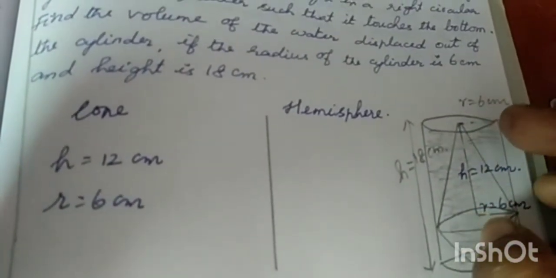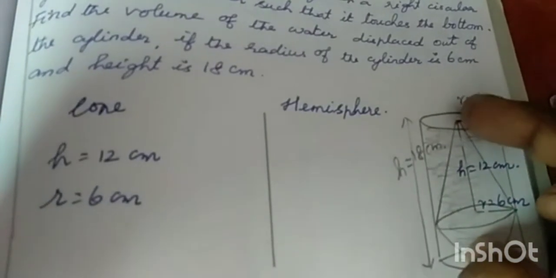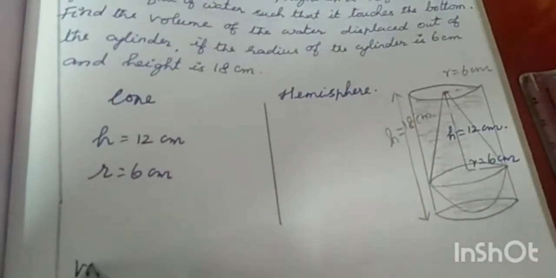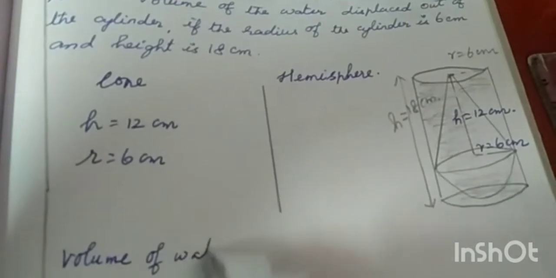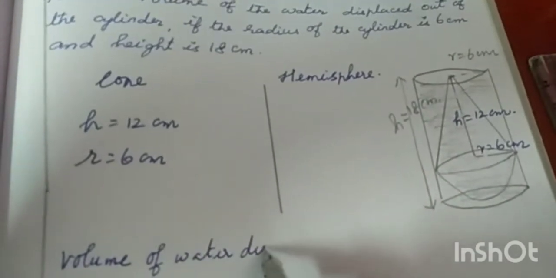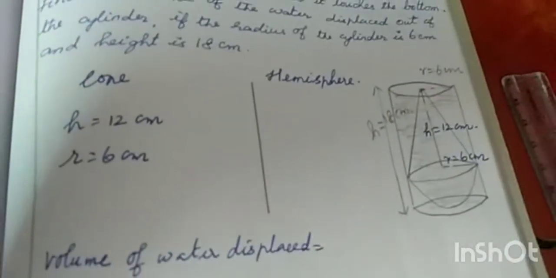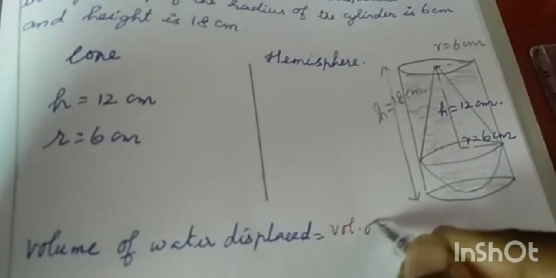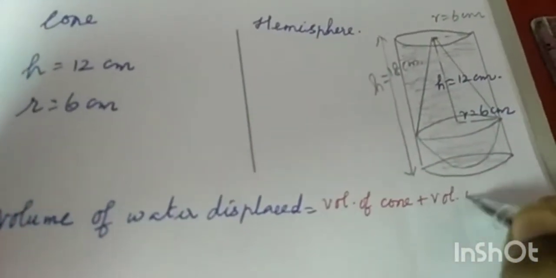The amount of water displaced will be equivalent to the volume of this solid which is immersed inside the liquid. So, volume of water displaced is equal to volume of the cone plus volume of the hemisphere.